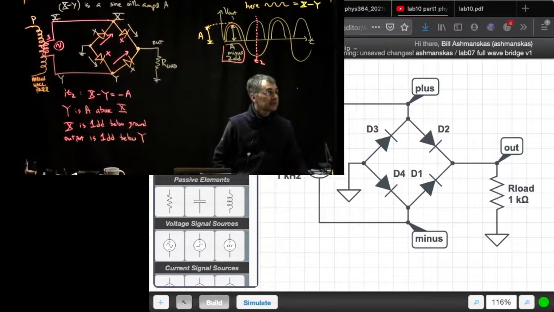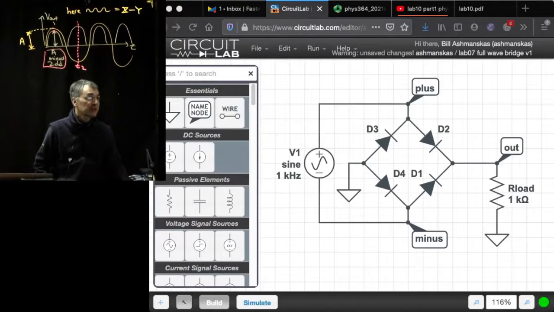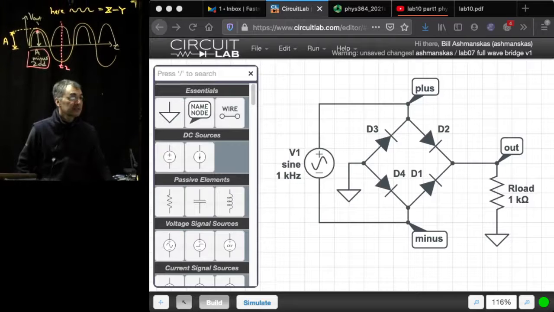And here, you can even compare that way. So you see the arrangement of the diodes is the same as I drew on the board, and it turns out to be the same as the way I wired them up on the EE board. And then let's simulate and see what happens.